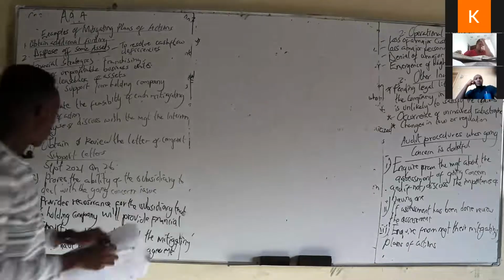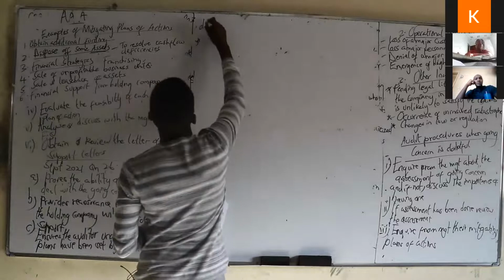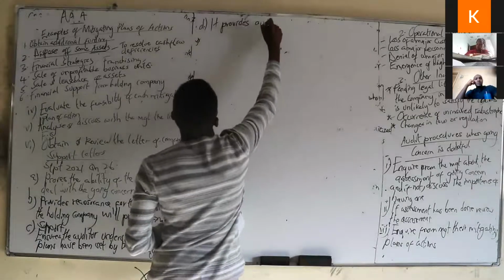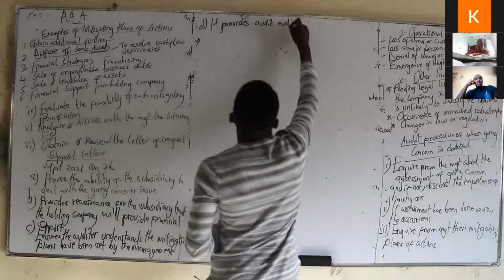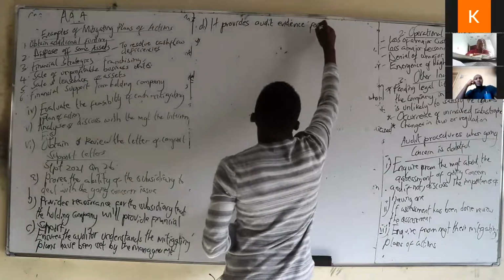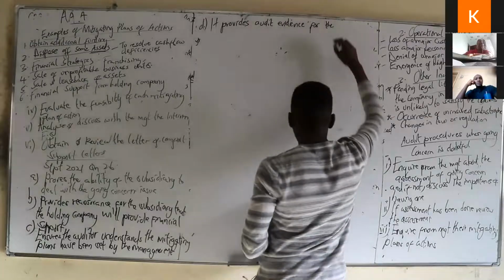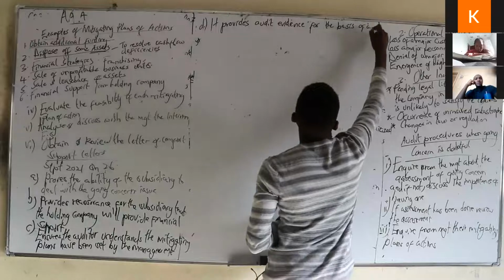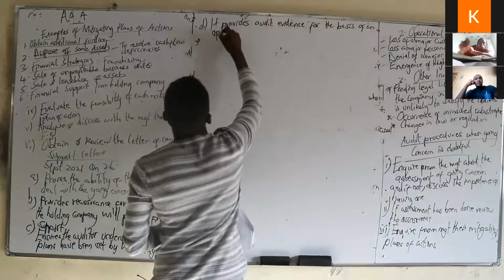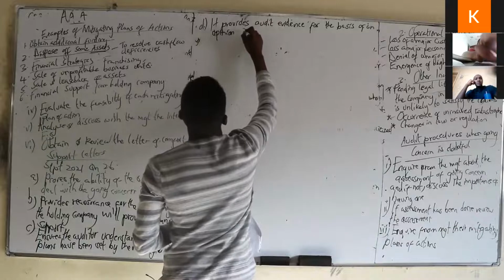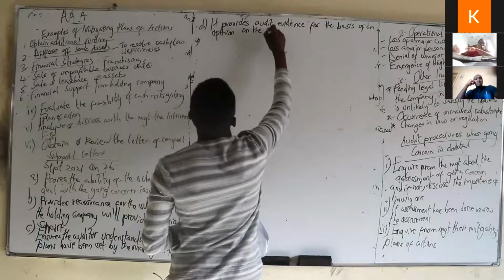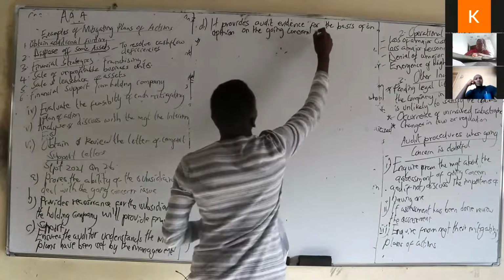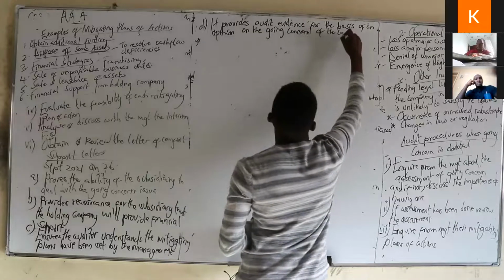Another one you can add there, it provides audit evidence for the basis of an opinion on the going concern of the company. And how does it do this?